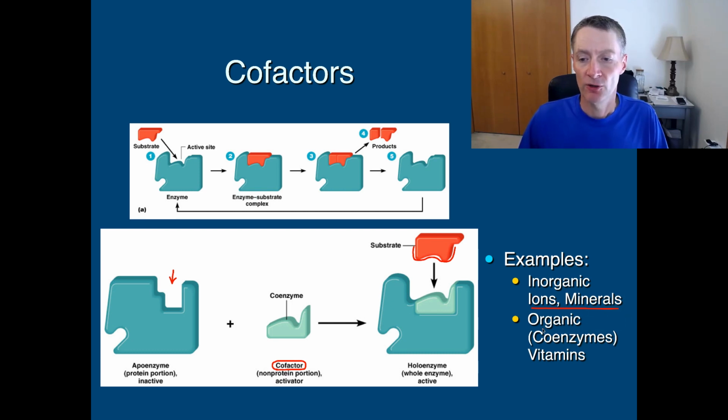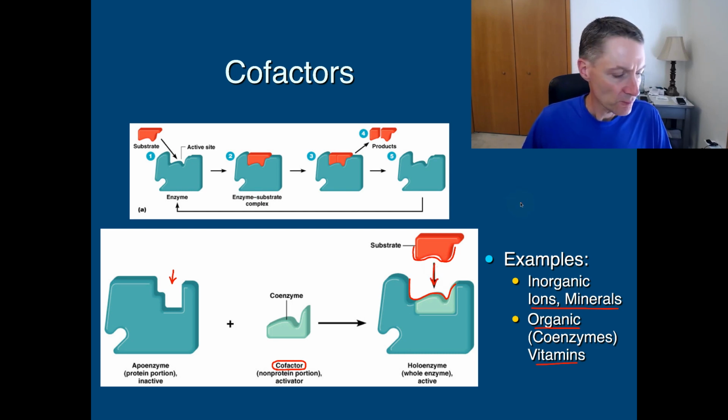Sometimes cofactors come in the form of organic molecules, and then we'd call them coenzymes, like vitamins. Vitamins are oftentimes cofactors for enzymes. So here, once that cofactor binds the apoenzyme, we have just the right shape, and now the substrate can fit in that active site and catalyze that reaction.